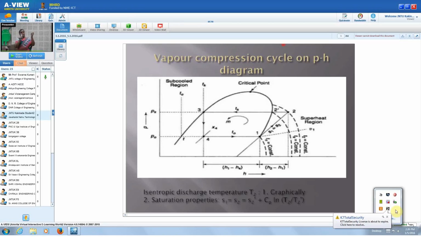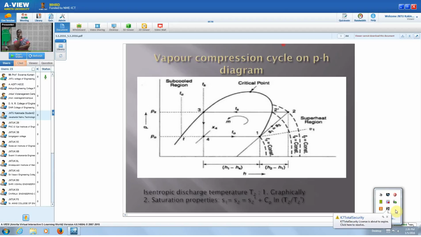So that is equal to Cp of vapor into T2 minus T2 dash, plus the enthalpy at 2 dash. Enthalpy at 2 dash is the saturated vapor condition at the condenser pressure; you have to see what is the enthalpy of the saturated vapor. If you add that, you will get H2.